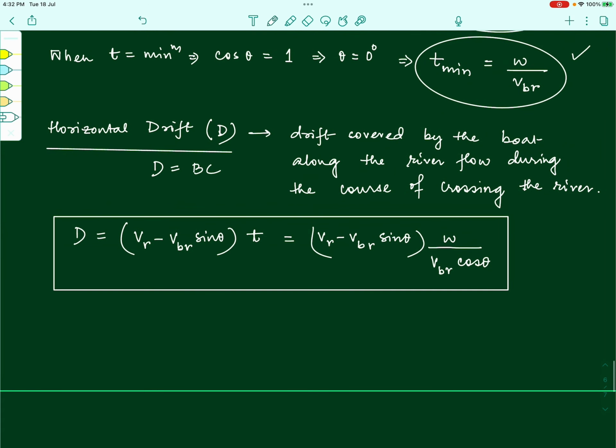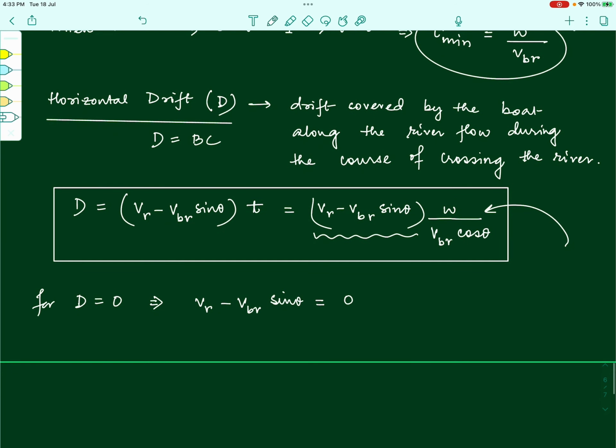If we want capital D to be 0, looking at this expression, that will be 0 when this particular term in the numerator goes to 0. So can we say this implies VR minus VBR sine theta should go to 0?